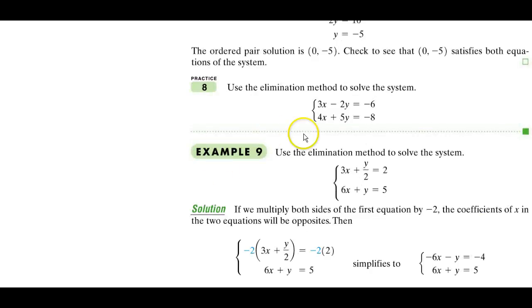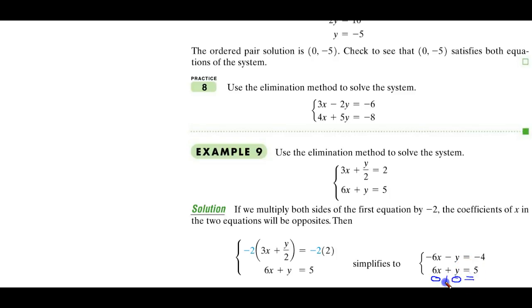Now in example 9, again, here's a set of equations. This one contains fractions. So I'm going to multiply everything here by 2. So when I do it, I get this. And I don't know if you can see what's happening here. We're almost cut off. But when I add these up, this is a 0. When I add this up, this is a 0.